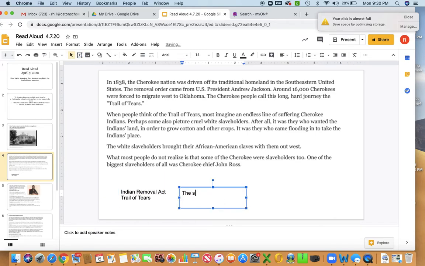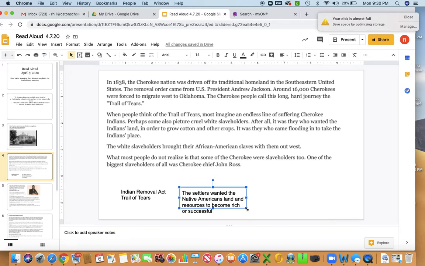We know that the settlers wanted the Native Americans' lands and resources. I might even say to become rich or successful. It was they who came flooding in to take the Indians' place.